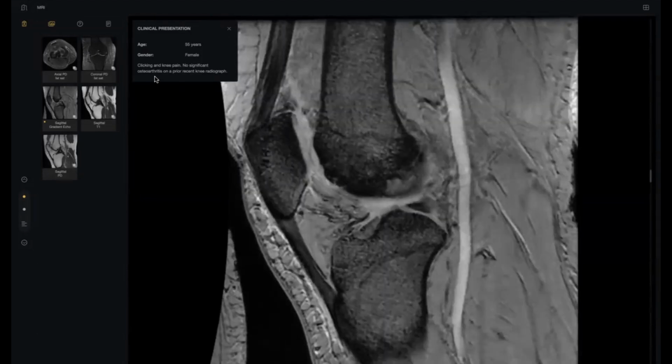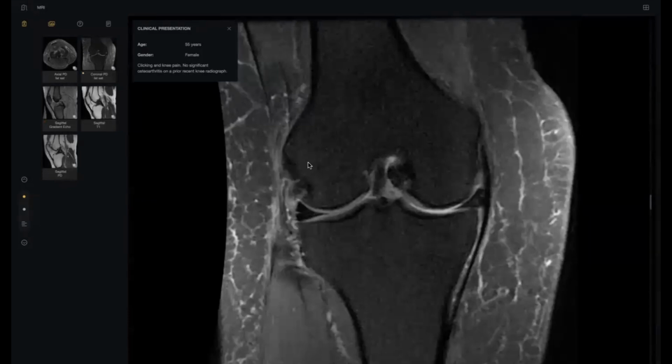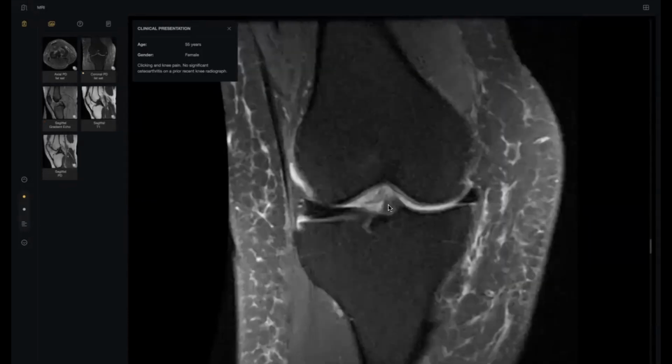Leave the mouse. Look at the coronal view. Yes. Okay.